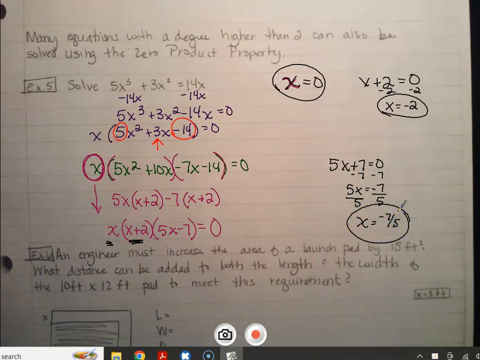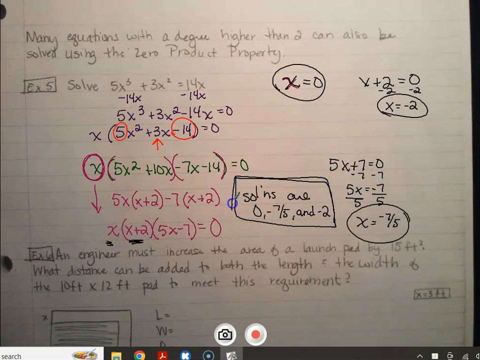So there's 3 solutions this time. Okay, so we might say solutions are 0, negative 7/5, and negative 2. Those are all 3 solutions. So there can be more than 2, oddly enough.